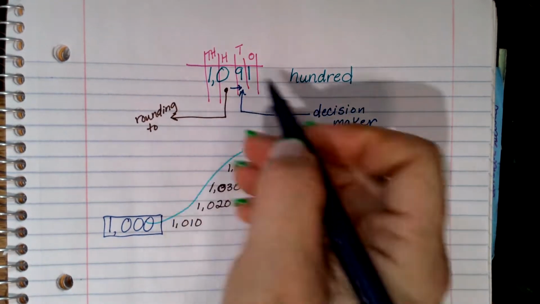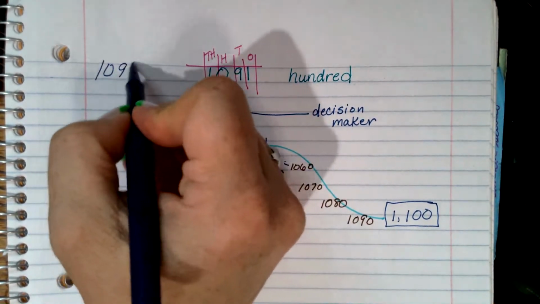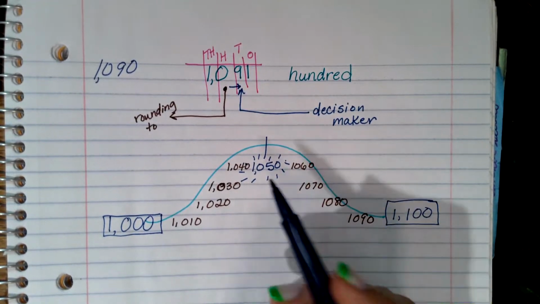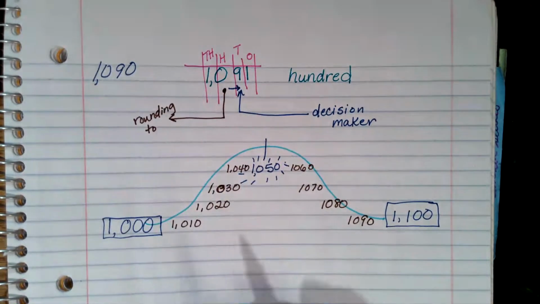Looking at this number, we're going to be looking at 1,090 to help us make our decision. Because remember, our tens is our decision maker, so we don't even need to look at our ones.